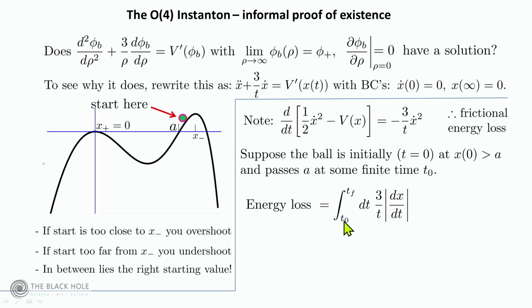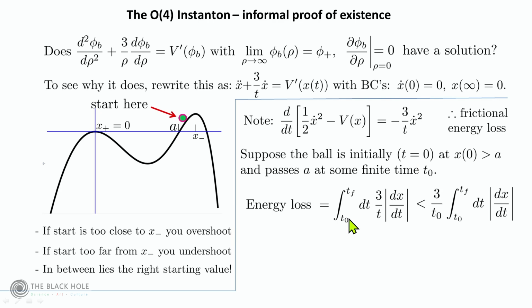The integral from t0 to tf of the frictional term, 3 over t times dx by dt squared. And you see that dE by dt is equal to this. So all I'm doing is basically integrating the energy loss over time.